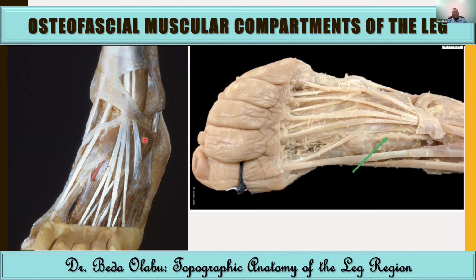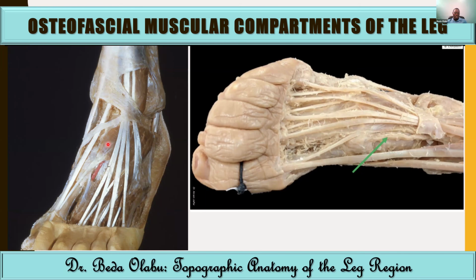That's one unique thing you need to know, so that we remember that extensor digitorum longus and extensor digitorum brevis do not necessarily act on the same toes entirely. Brevis goes to the medial 4 and longus goes to the lateral 4. Because of that variation, the slip that goes to the hallux is sometimes called extensor hallucis brevis.